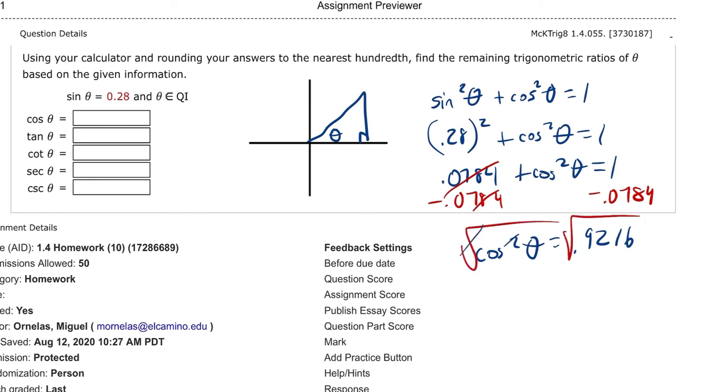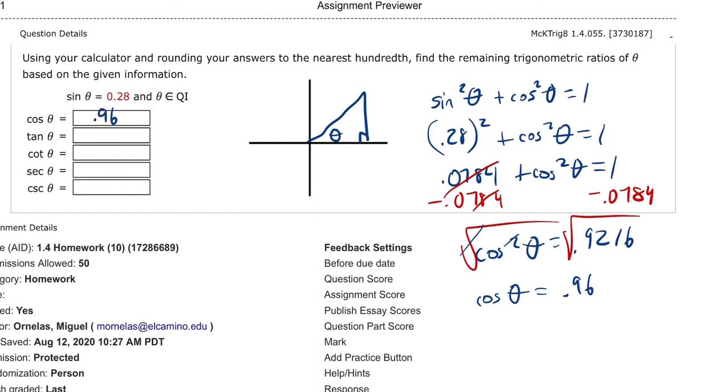And so you end up getting cosine theta equals, the square root of that number is 0.96. Now we got to figure out whether this is positive or negative. Because we're in quadrant 1, as you can see, the angle is in quadrant 1. Cosine is positive, and so is sine. They're both positive, so therefore this would be your answer for that.